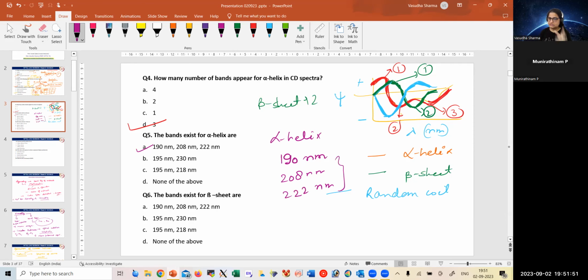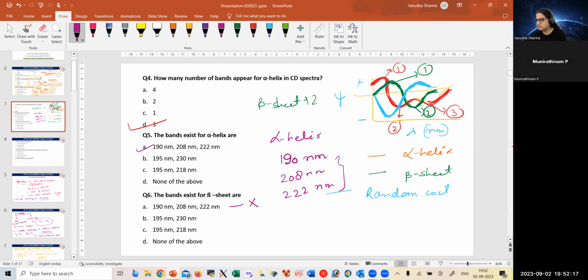Now see, this is the kind of question I was talking about. The 6th question says: the bands that exist for the beta sheet are. Option A is eliminated anyway because we talked about that A is for the alpha helix. Now we talk about B and C. For both beta sheet and random coil, 2 bands appear.